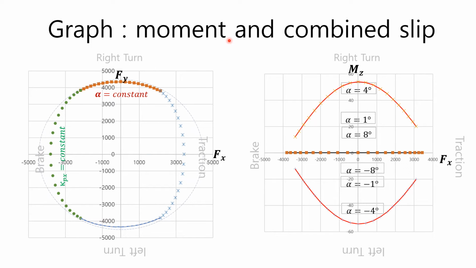Next, we will draw and examine the graph for both of constant side slip angle alpha and the constant longitudinal slip kappa px on the coordinate system of lateral force Fy and the longitudinal force Fx. In addition, we will investigate the characteristics on the several constant side slip angle on the coordinate system of self-aligning moment Mz and the lateral force Fy.